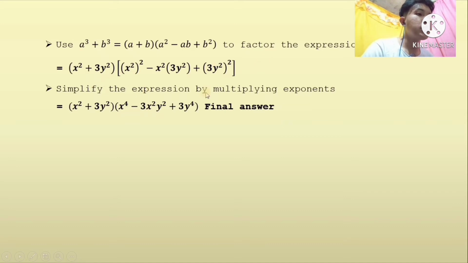Simplify the expression by multiplying exponents. So our equation will be x squared plus 3y squared times x raised to 4 minus 3x squared y squared plus 3y raised to 4. So this is our final answer.